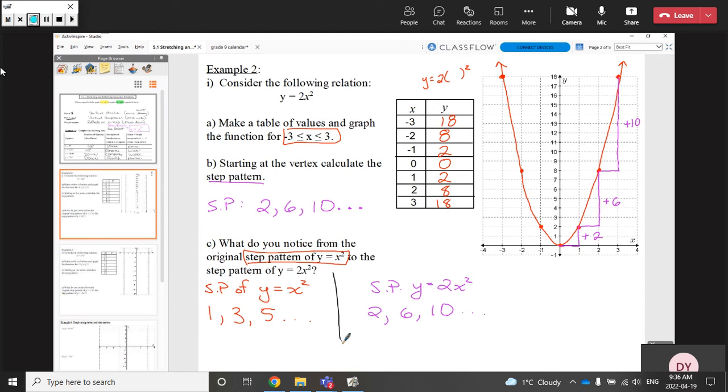So how can we write this down into real good words here? The original step pattern is multiplied by 2. Every single piece of it.